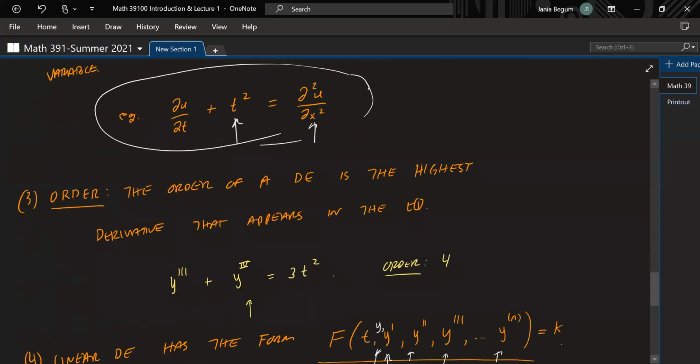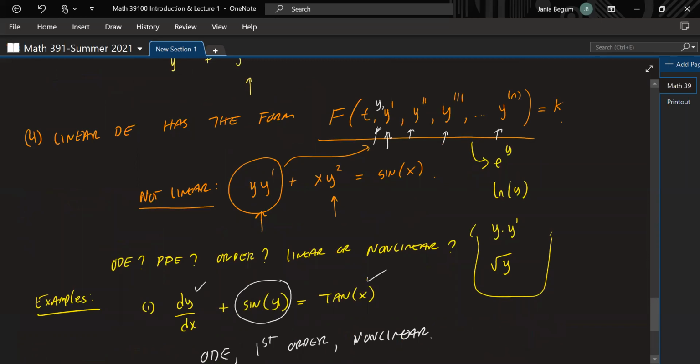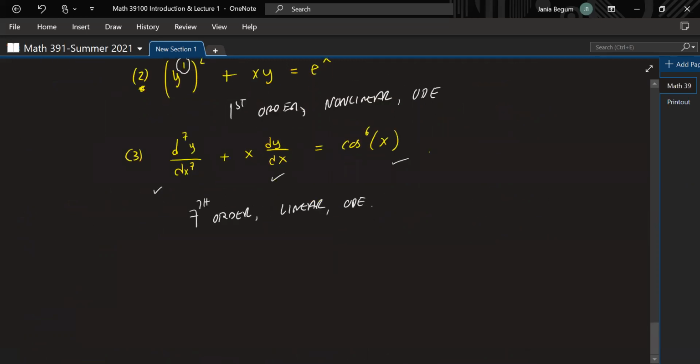For order, you can write down your favorite example or the one I have here. And for linear and nonlinear, have the form written down and write down a few examples that help you understand what it means to be linear and what it means to be nonlinear. All right, having said that, let's move on to another concept.